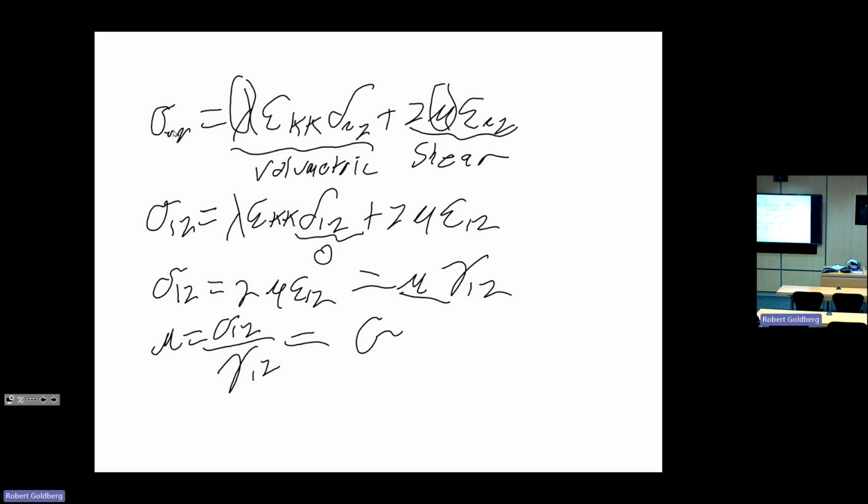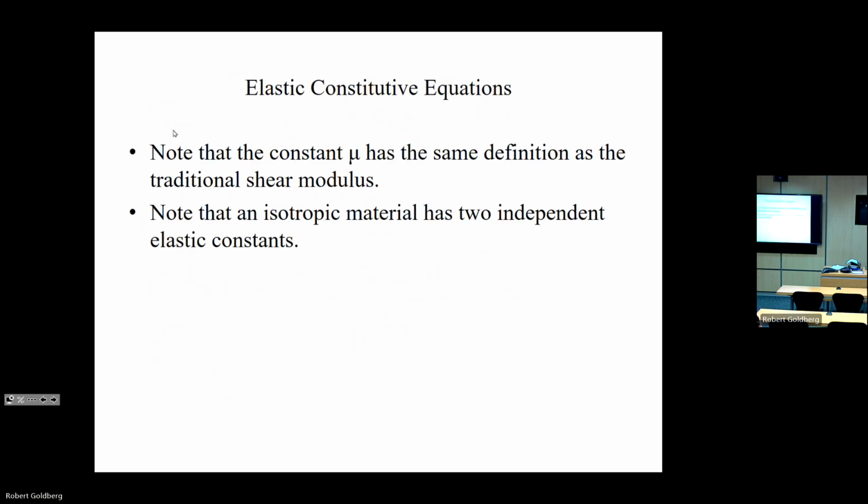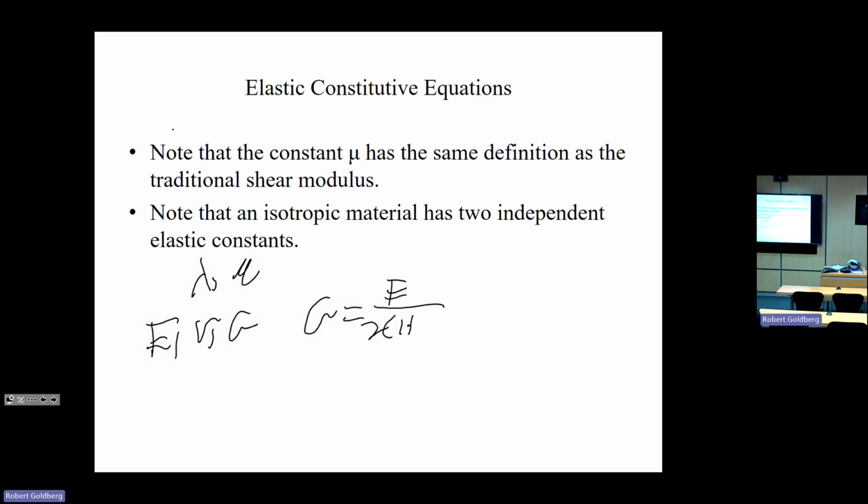So in our case, lambda and mu are two independent constants. And remember, when we think in terms of the traditional engineering constants that you're used to, we have the Young's modulus, the Poisson's ratio, and the shear modulus, and we know that the shear modulus is related to the elastic modulus and the Poisson's ratio.